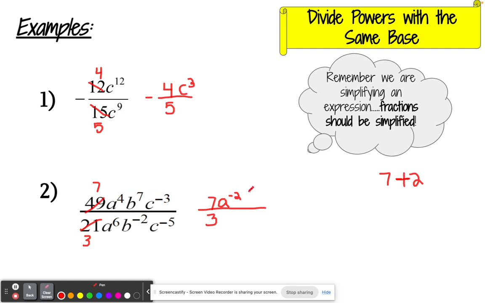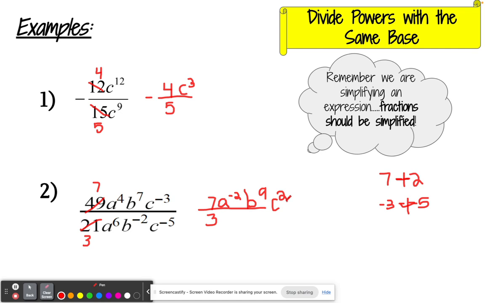So my b will be b to the 9th power. Now here I have c to the negative 3 minus negative 5. Again, that becomes a plus, which will leave me with c to the 2nd power.